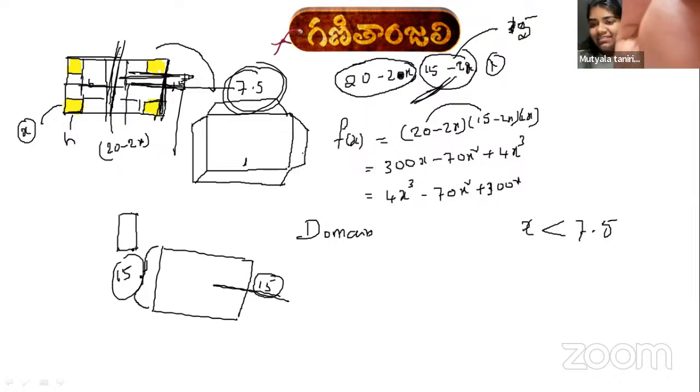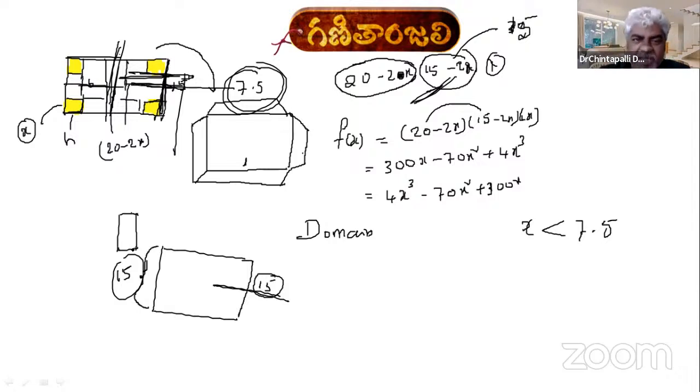What happens if x is greater than 7.5? Is it possible to make two cuts? No, sir. That's why x must be less than 7.5.